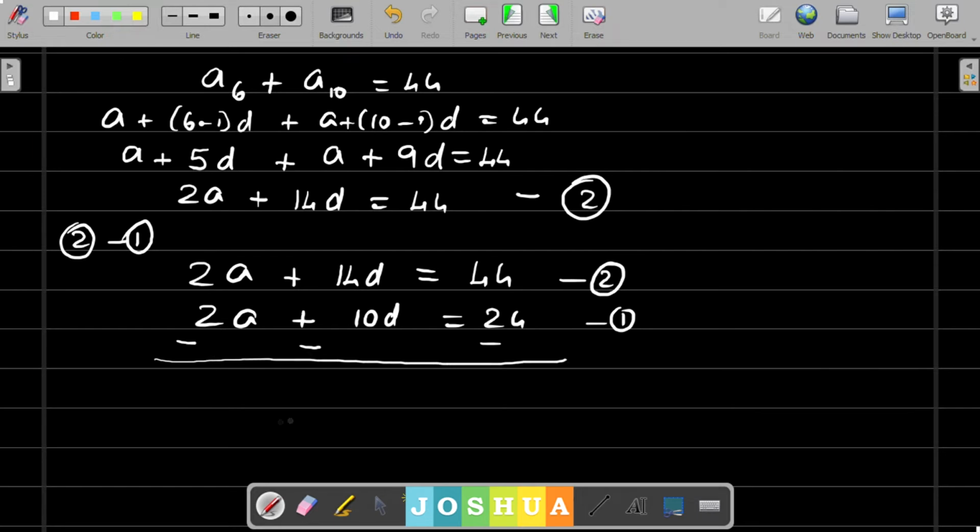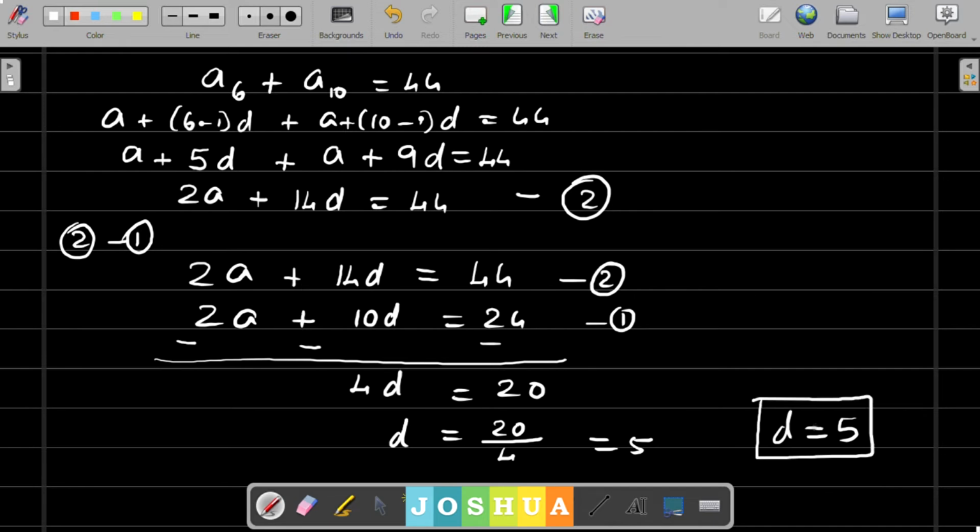When I am going for subtraction, I just change the sign here. So 2a minus 2a is 0, 14d minus 10d is equal to 4d, and 44 minus 24 is equal to 20. So d is equal to 20 upon 4, that is equal to 5. So I got the answer d is equal to 5.